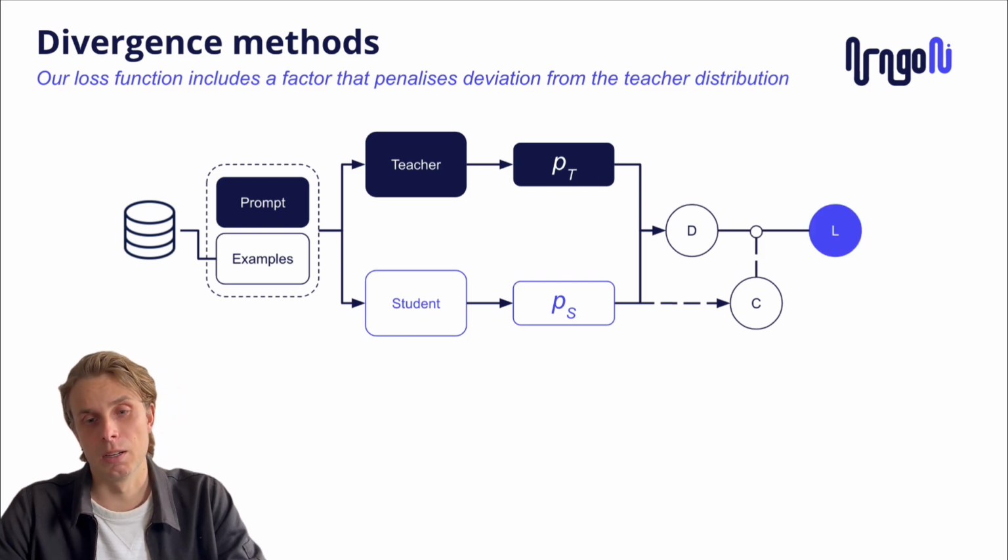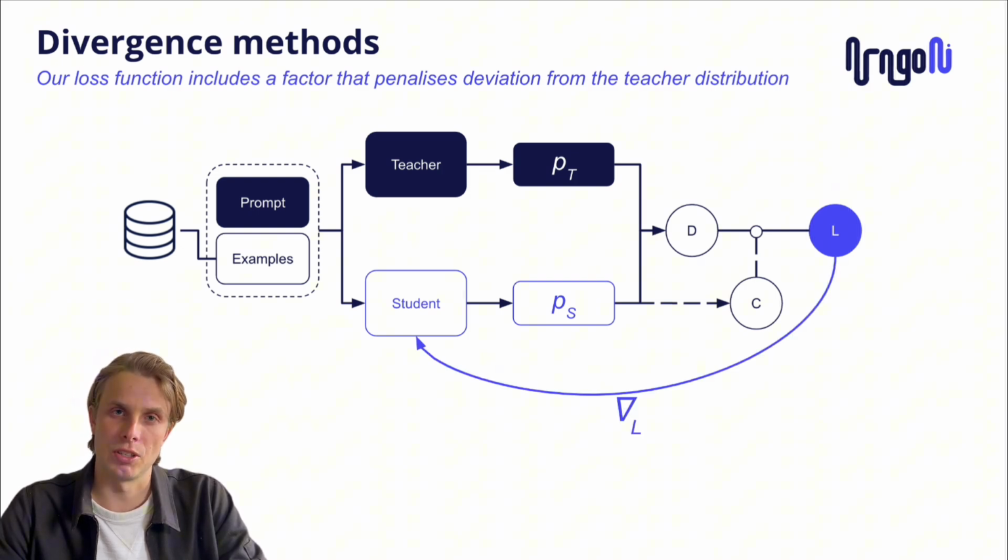We will then combine both the divergence loss and the original cross-entropy loss to calculate our overall loss function. We then update our student distribution using backpropagation. So we take the gradient of the loss with respect to the parameters of our student model.